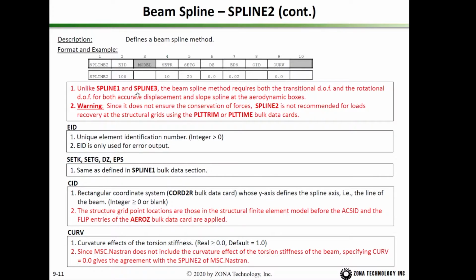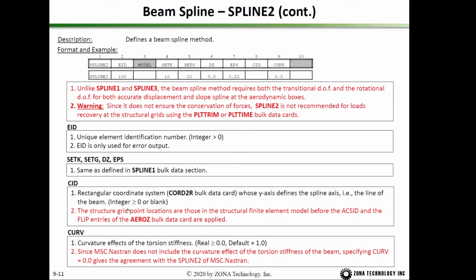SPLINE1 and SPLINE3 only need the translational degrees of freedom from the structure mode shape. Okay, again, set K refers to panels 1, 2, 3, and set G refers to a SET1 card to list out the structural grid points, and EPS is a small tolerance. The CID refers to a CORD2R card, whose y-axis defines the spline axis, the line of the beam.